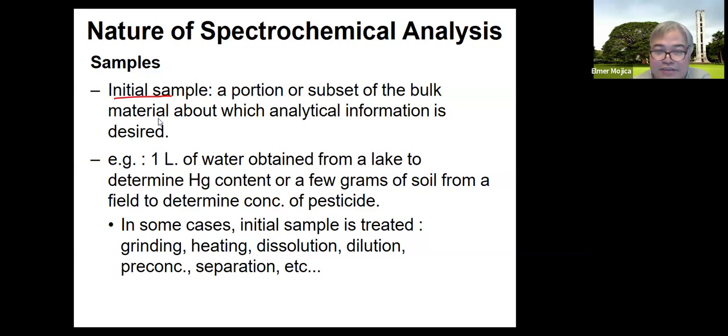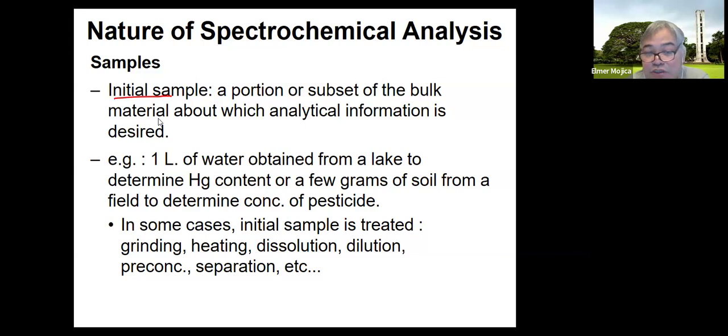Okay? So if we have this, what we call the example here, we have 1 liter of water obtained from the lake. So that is your initial sample. Okay? So the bulk material that you have there is the lake, right? And what you do, you want to determine the mercury content or a few grams of soil.